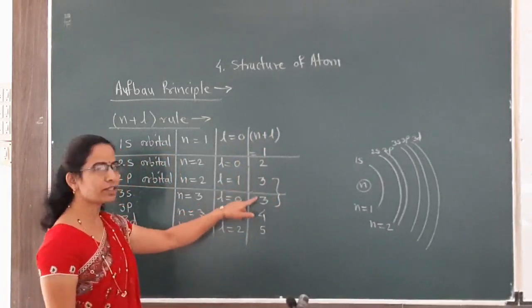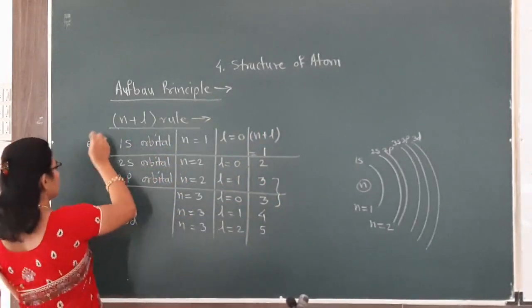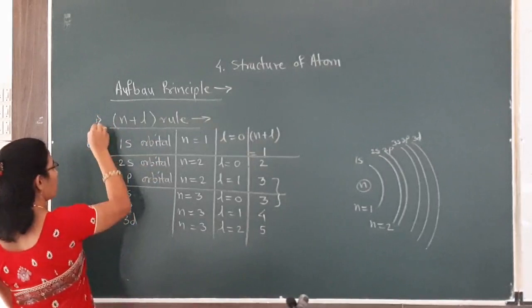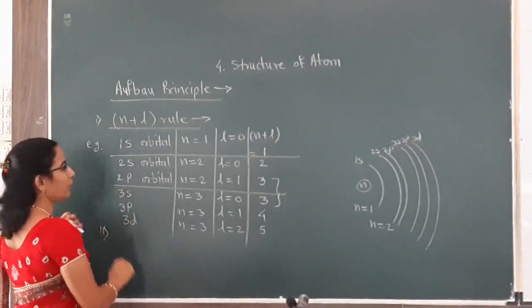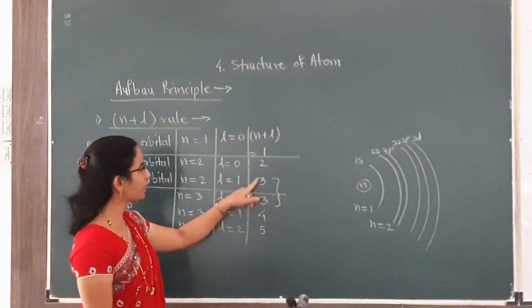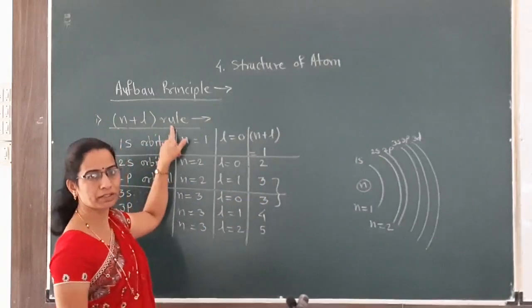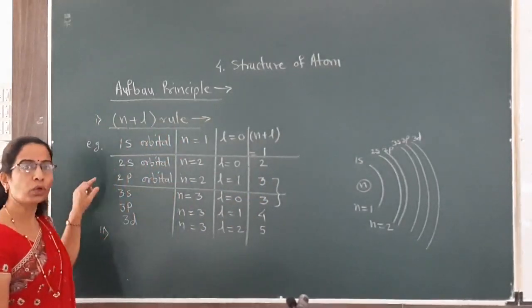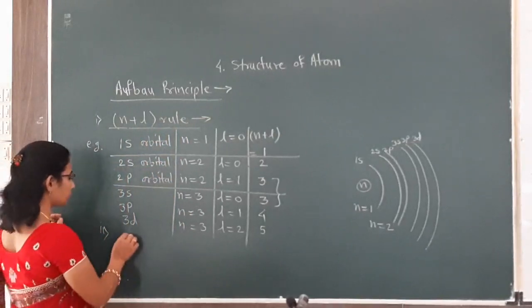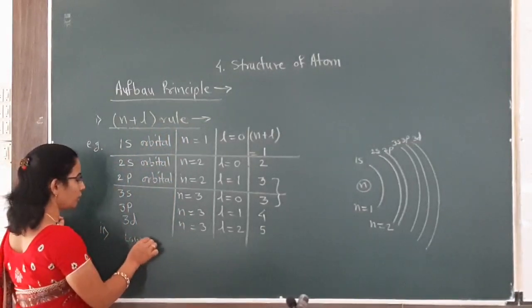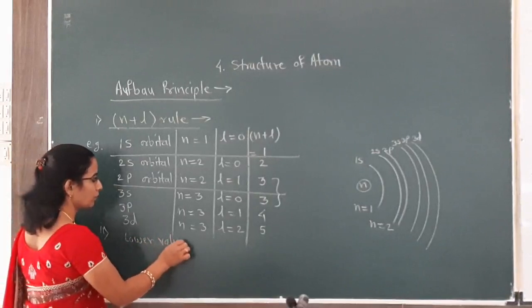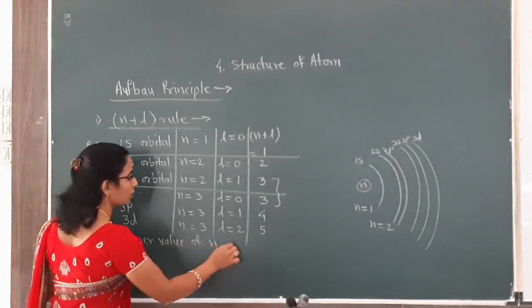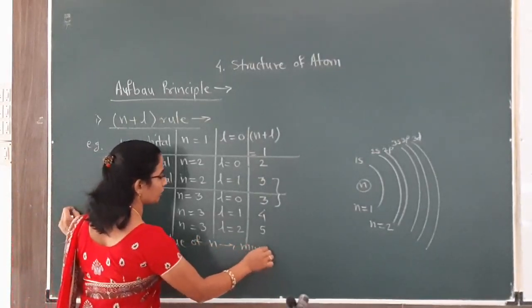Now in such case, this rule is again modified. Now if the orbitals are having the same value of n plus l, then the orbital which is having lower value of n will possess the minimum energy.